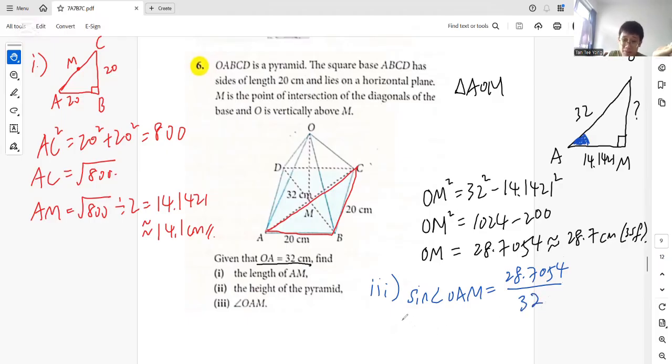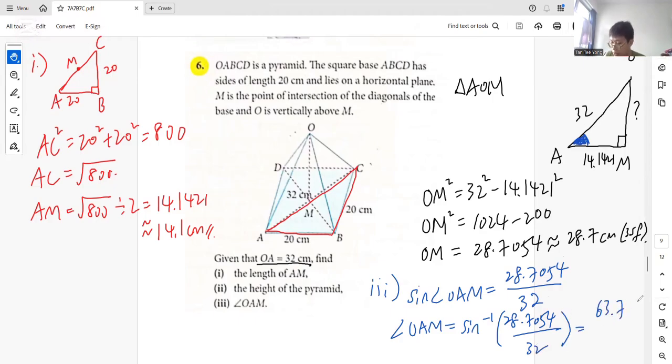Right, so angle OAM equals sine inverse of 28.7054 over 32, right? Which gives us 63.77216, rounded off to 1 dp because it's an angle. So 63.8 degrees. So 1 dp. Okay, so this is it for question 6.